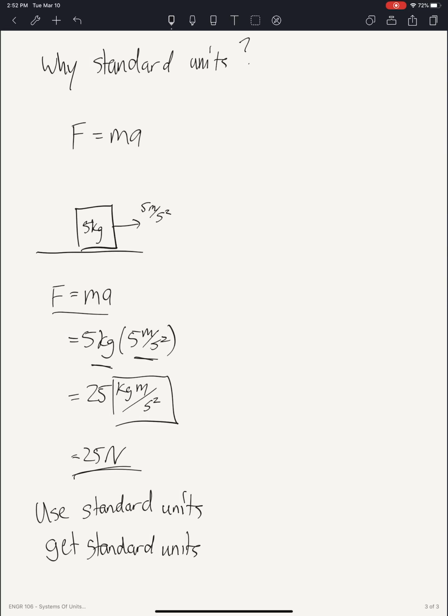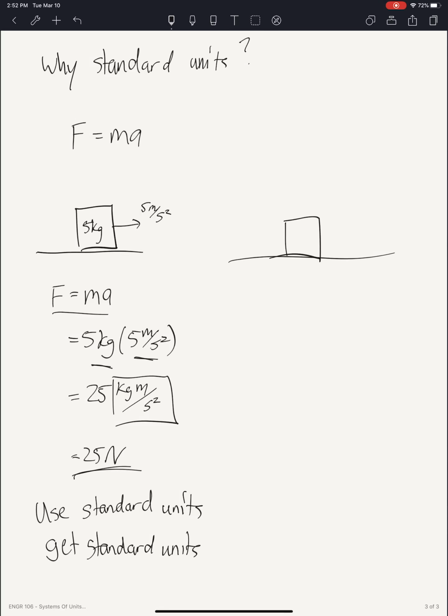Now let's talk about F equals ma with US units. I'll just say from a physics class, I would anticipate that anyone who has taken physics does not know how to calculate this without converting to metric. Okay? So, that might not be entirely true, but let's go through it anyway.